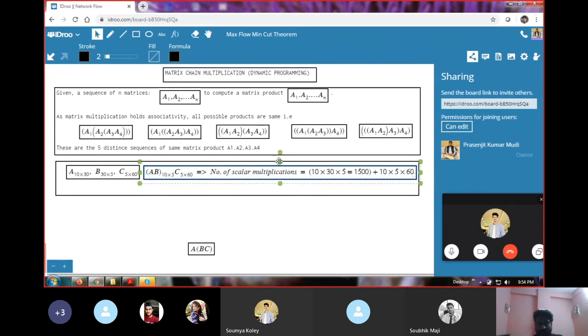Okay, so this many scalar multiplications we will have.